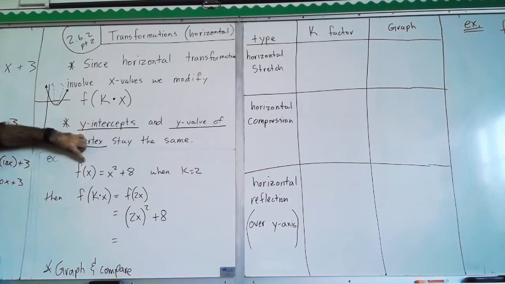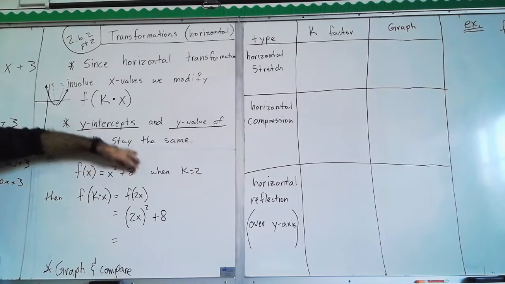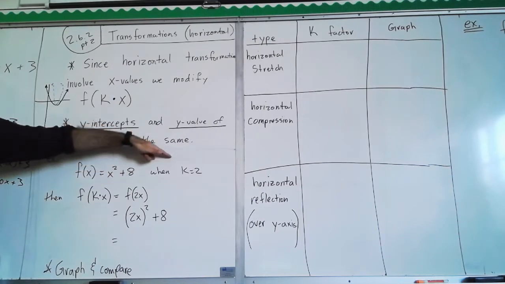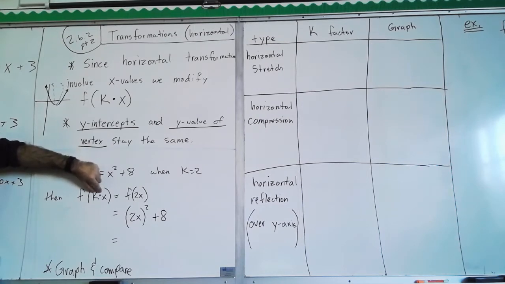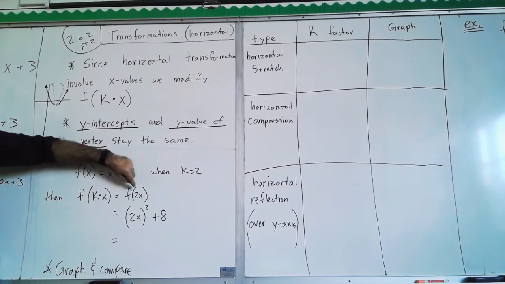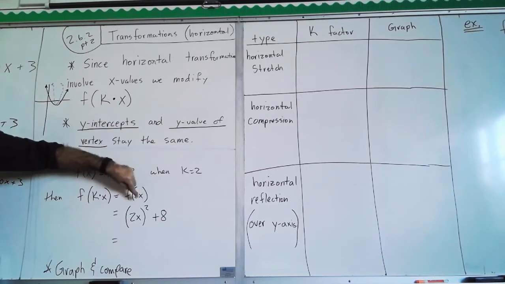f of x right here is x squared plus 8. Before we were multiplying k times everything, but this time, since k is 2, what we're going to do is multiply the 2 into the x value. So really what we're taking then, just like the warm-up, we're taking f of 2x. Remember, whatever is in here in the function notation, we evaluate. We substitute it in for wherever our x value was.